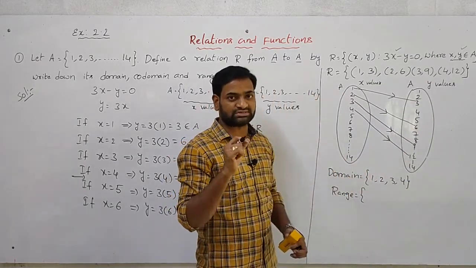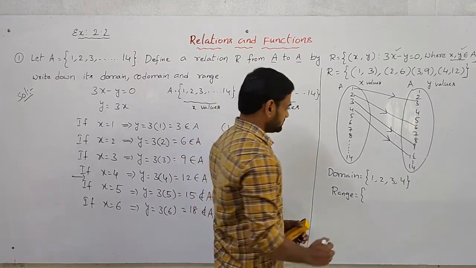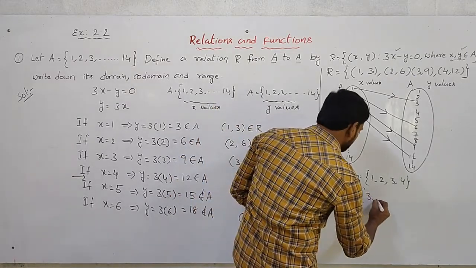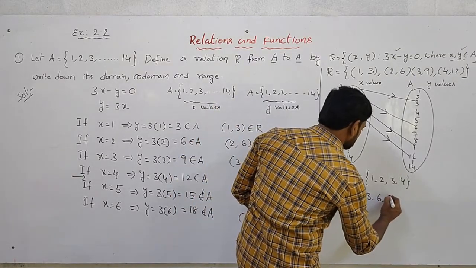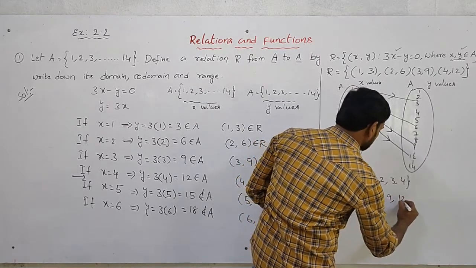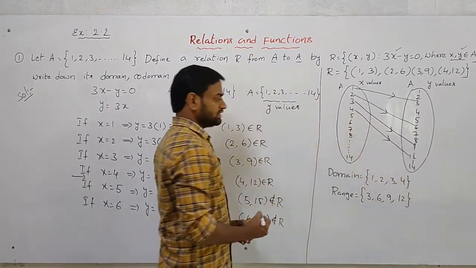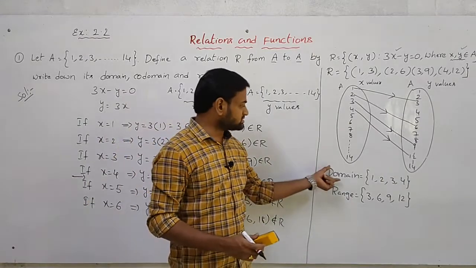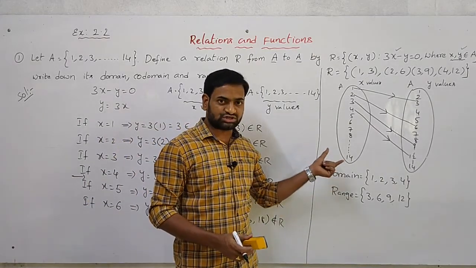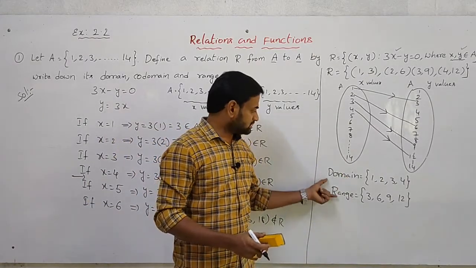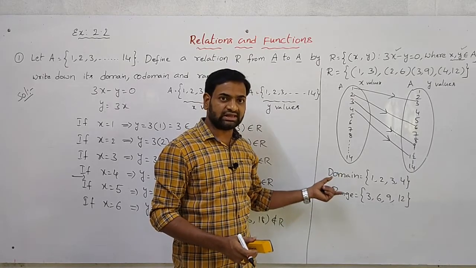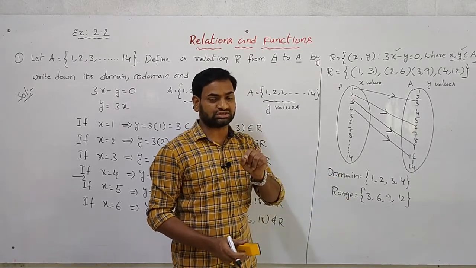That means the elements which have mapping, that is 3, 6, 9, 12. That is the range. Domain means the first elements in the relation. Range means the second elements in the relation.